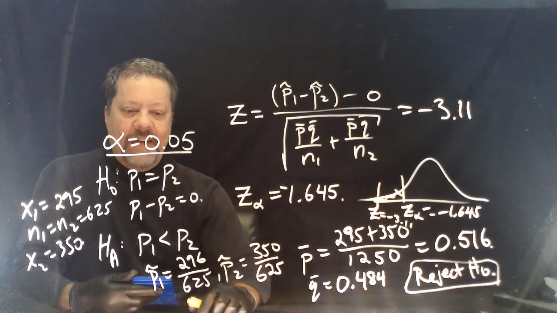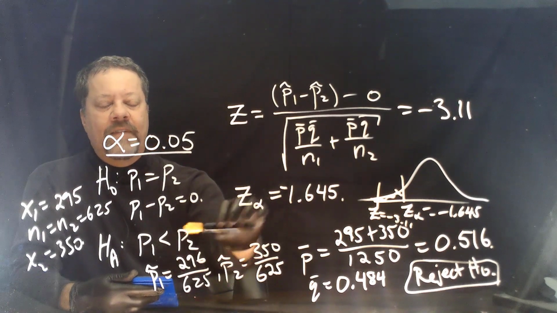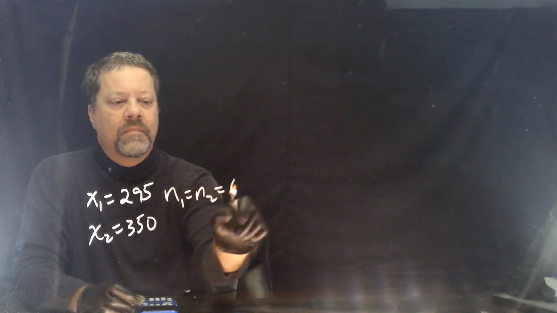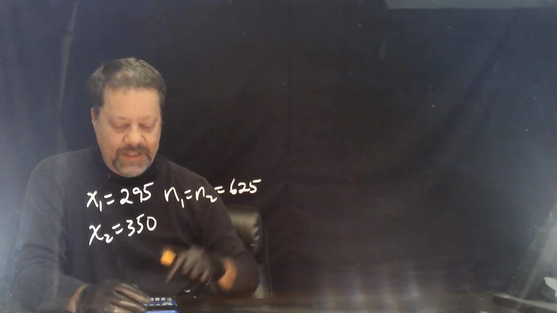It seems that we have statistically significant evidence then that these mailers do in fact increase voter registration. We could have conducted this whole thing using the test for two proportions built into the calculator.